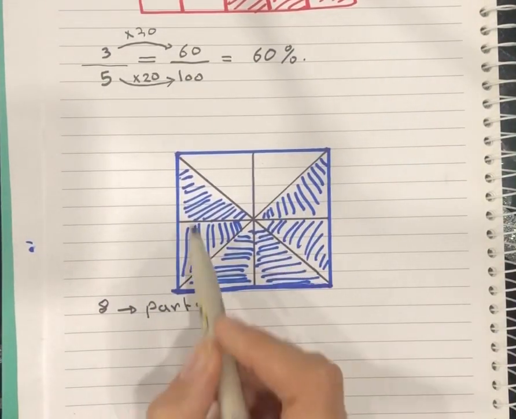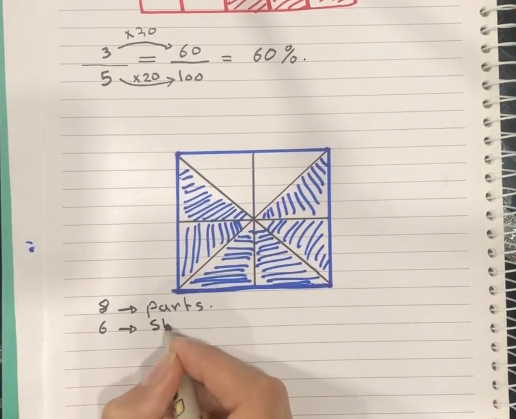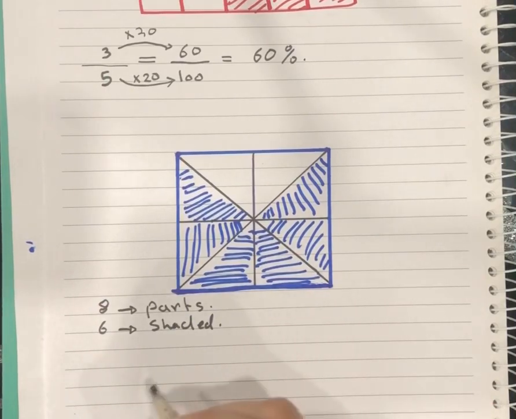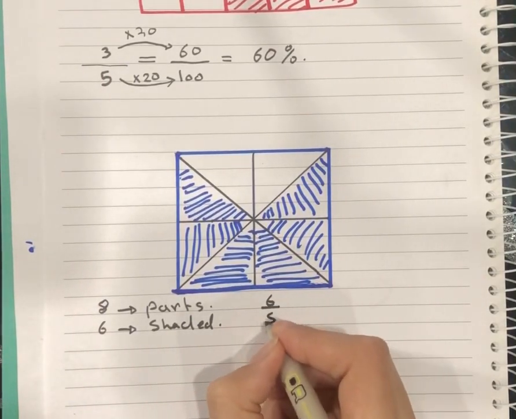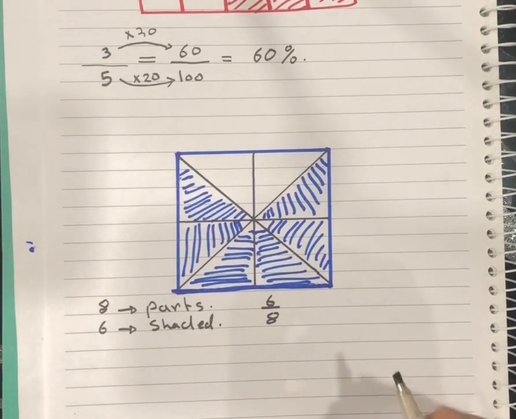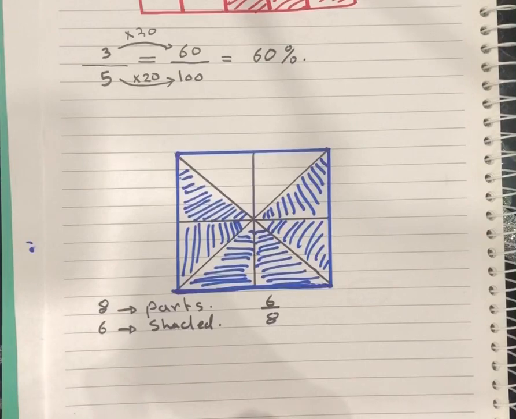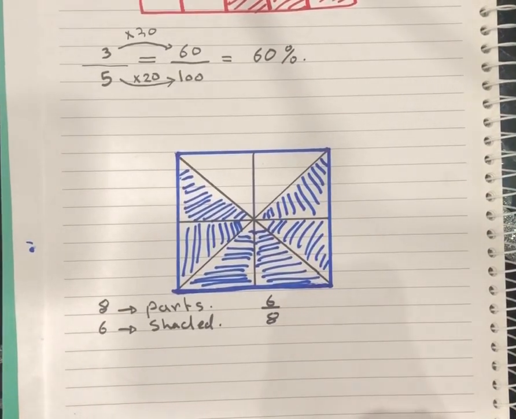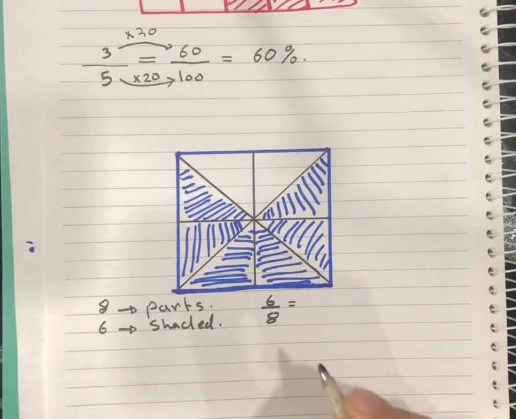And I have 6 parts that are shaded. So when we write that as a fraction, we say 6 shaded parts out of 8 whole parts. Now, I want you to write this as a percentage. You will say, I don't know how to turn the 8 into 100. Well, you have 2 ways to do that.